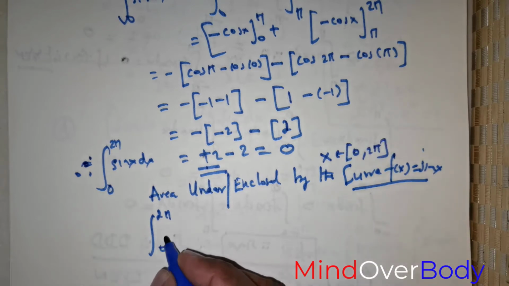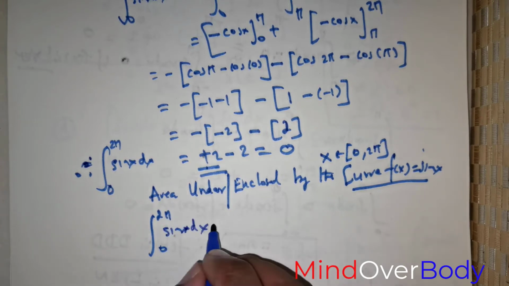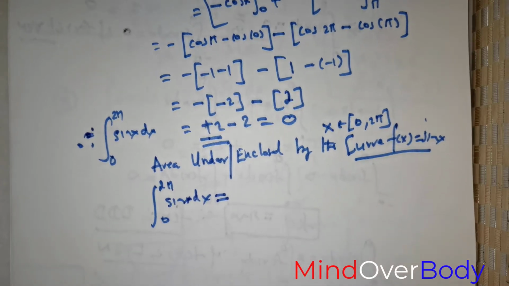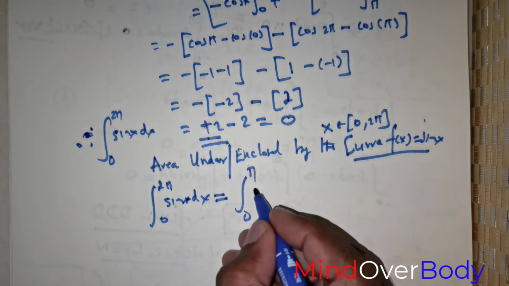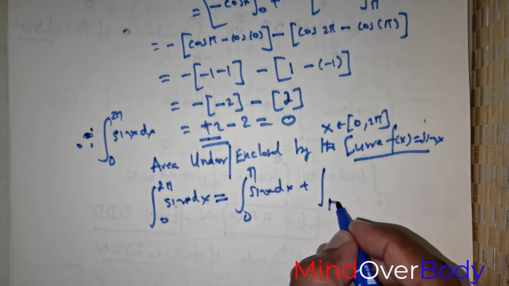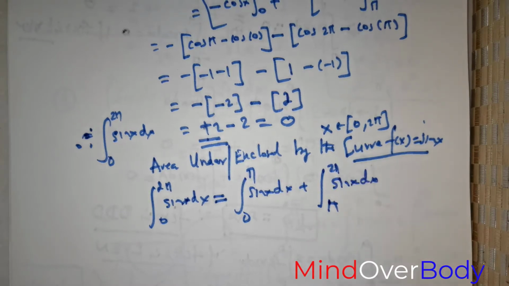So this integral of sin x dx is going to be equal to the first region which we got. Okay, let me divide this: the integral from 0 to pi of sin x dx plus the integral from pi to 2 pi of sin x dx.